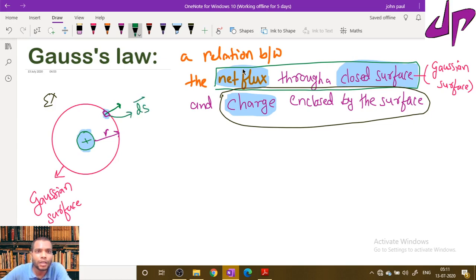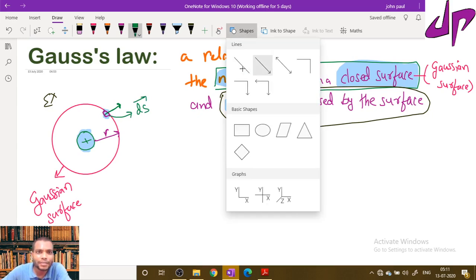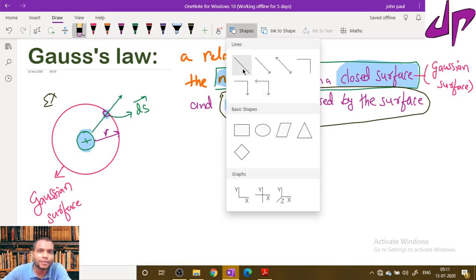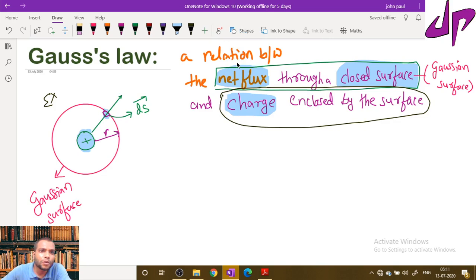In this small elemental area, what is the direction of the electric field? Since it's a positive charge, the electric field also points radially outward. So the area vector and the electric field vector are in the same direction.